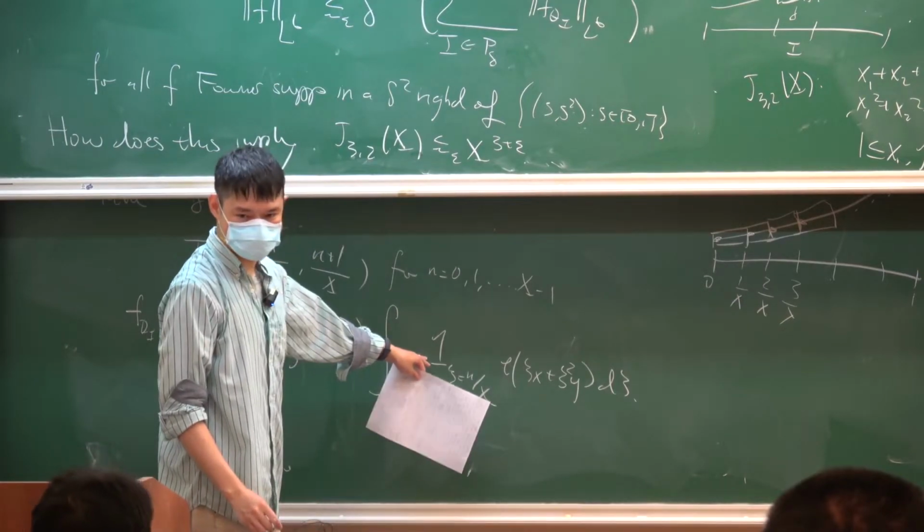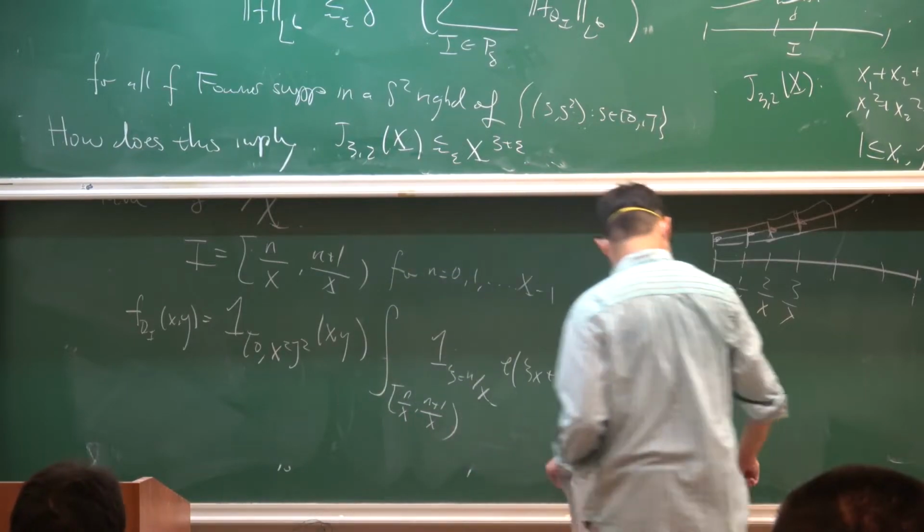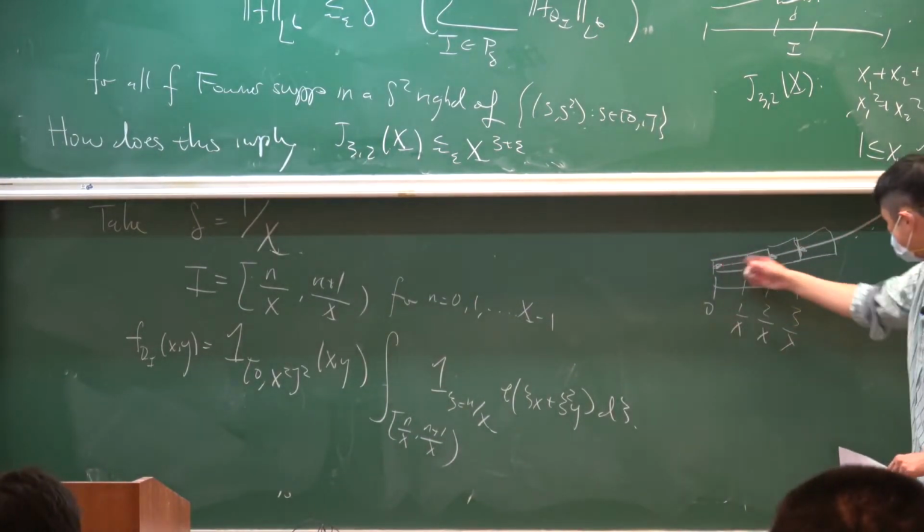And secretly, when I write a Dirac delta spike, you think it's a Schwartz function. Okay. And why is this function's Fourier transform supported here?